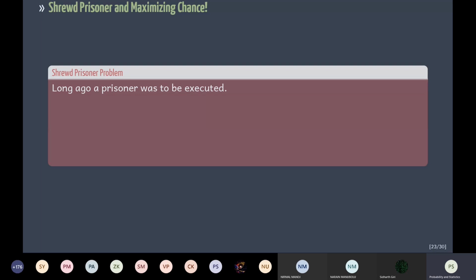Now let us consider an interesting example, the Stubborn prisoner problem.